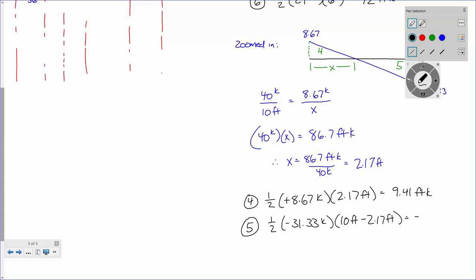Negative 138.32. $122.66. I'm gonna trust you. So far, so good?